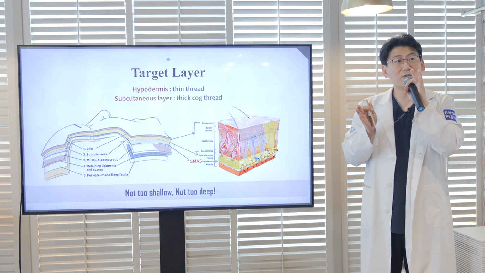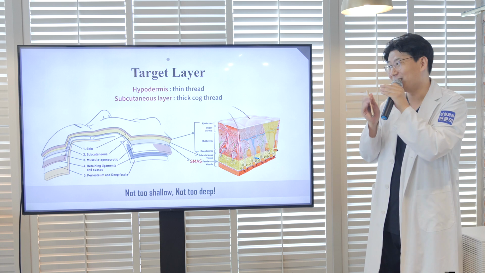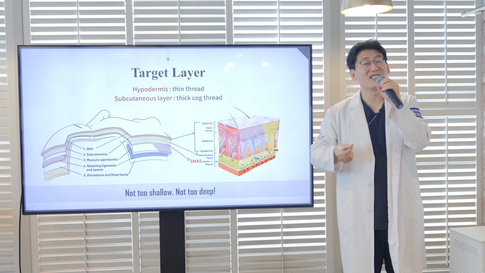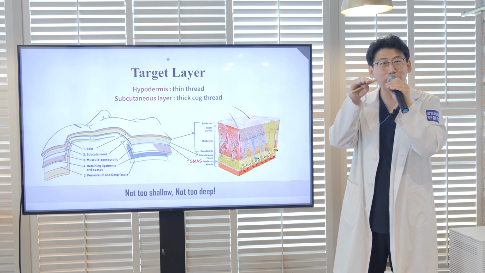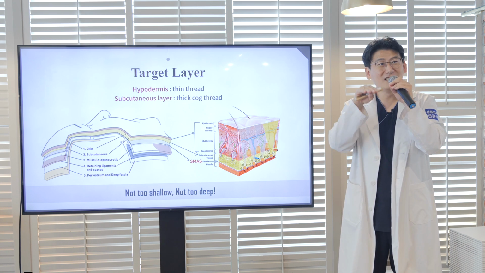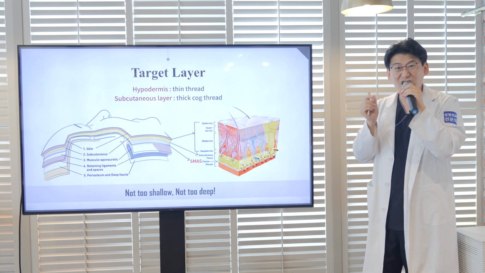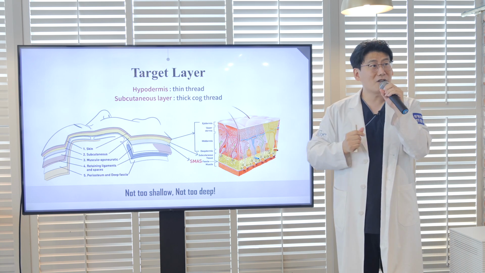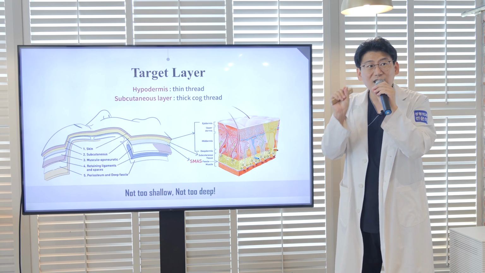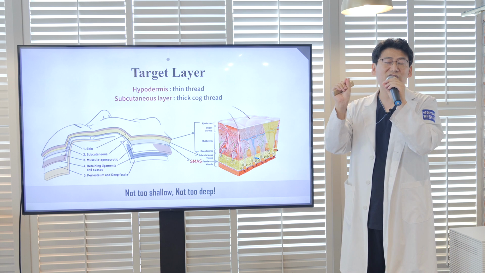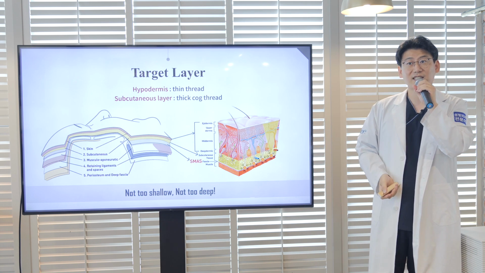If you use a thin thread like Cogging Screw Plus or mono, you can insert it as superficially as possible, just under the dermis, for a better result. But with a thick thread like Cog Pro or Cog Master Gear, you should insert it into the deep subcutaneous layer. If you insert it too superficially, the contour will be exposed on the surface.